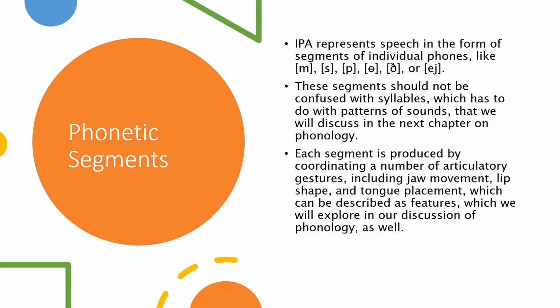Each segment is also produced by coordinating a number of articulatory gestures, including jaw movement, lip shape, and tongue placement, which can be described as features, which we'll explore a little bit here, but more in our discussion of phonology as well. So as we look at those phones, as they're written in IPA, you'll notice that they represent sounds and not letters, right? Important to keep that clear.